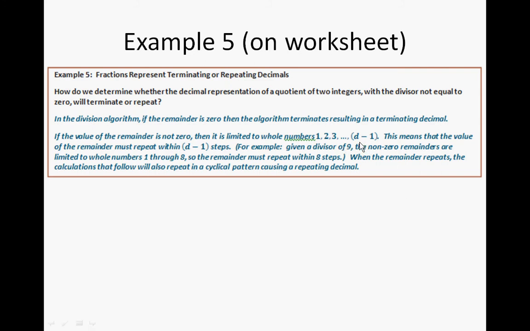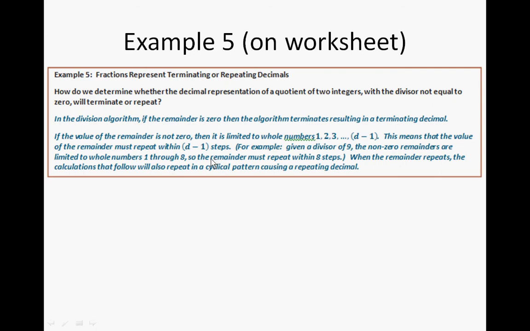So when we were talking about 7, our repeating numbers are limited to 1 through 6. If it's 11, then our repeating digits would be limited to 1 through 10. Well, 10 being a 2-digit number, but 1 through 9. This means that the value of the remainder must repeat within d minus 1 steps.